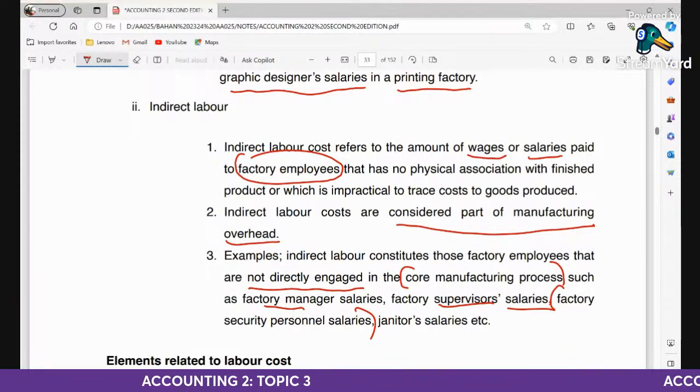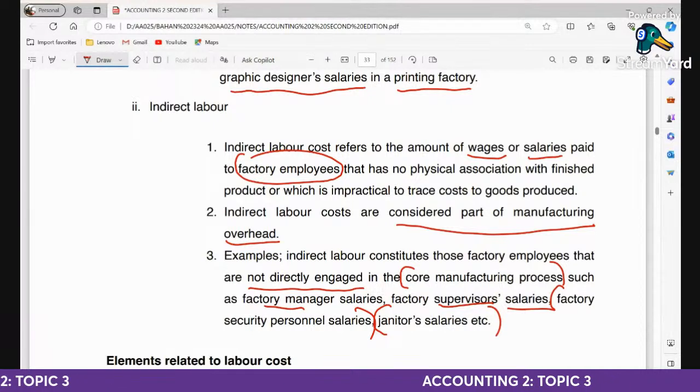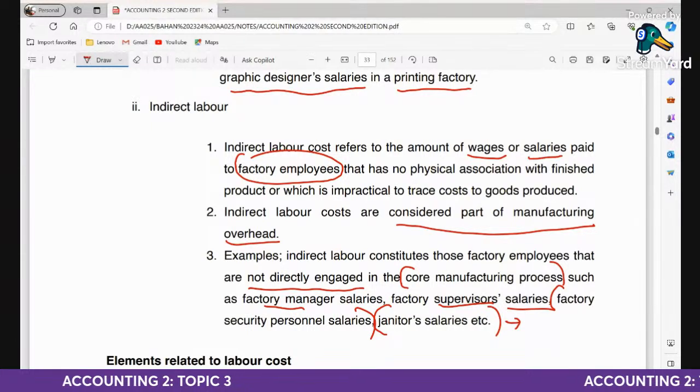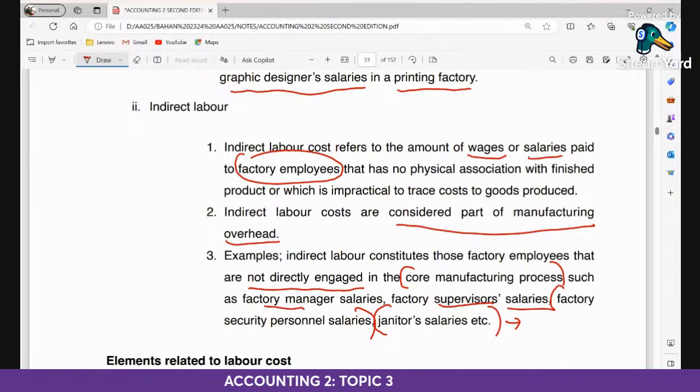Yang ni yang kamu selalu sebut dalam kelas lah, makcik cleaner. It's actually not makcik cleaner lah, because I cannot put here cleaner auntie, isn't it? So it is going to be janitors salaries. So all these are examples of indirect labor.